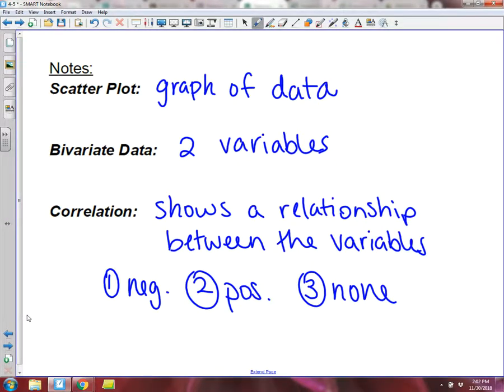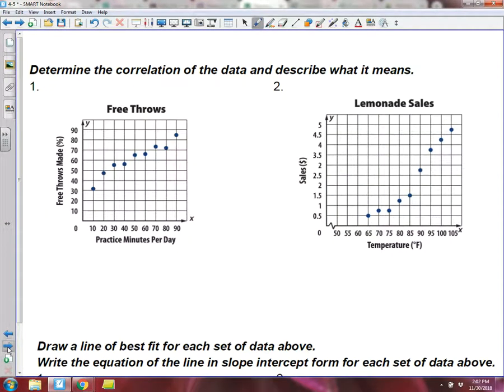Okay, number 1 down there. What kind of correlation does that have? Okay, can you describe that to me in the context of this problem? Looking at the situation, what does this mean? Okay, so this is minutes per day, right? If I go this way, what's happening to the minutes per day? It's increasing.